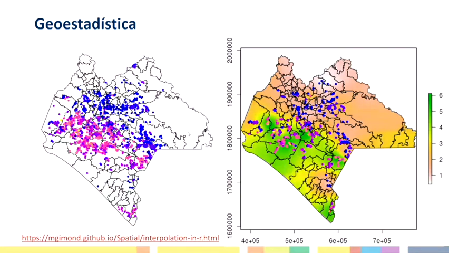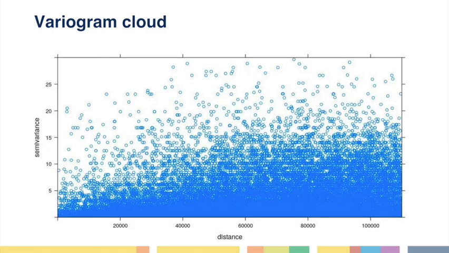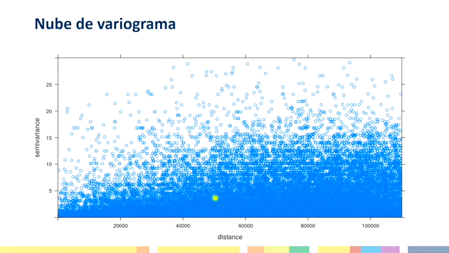So if I have a point over here, I can compute the variability with this point, that means the difference, and with this one and with this other and all the other points. And this is going to generate a variogram cloud, which is the variability between each pair of points. And I can represent this as a function of distance. That distance, in the two-dimensional spatial case, would be the distance between two points.